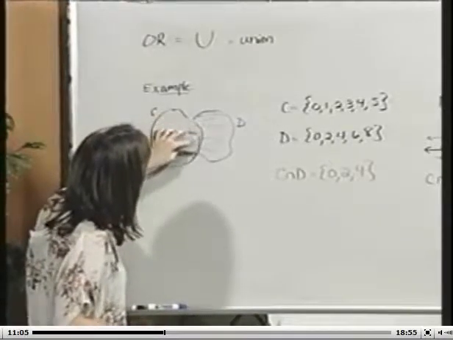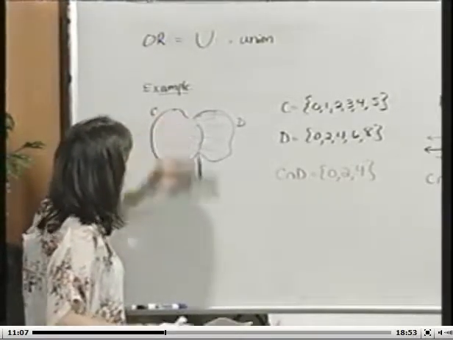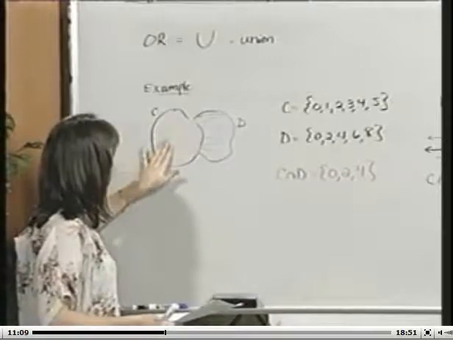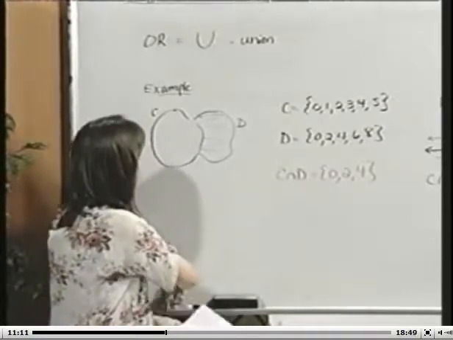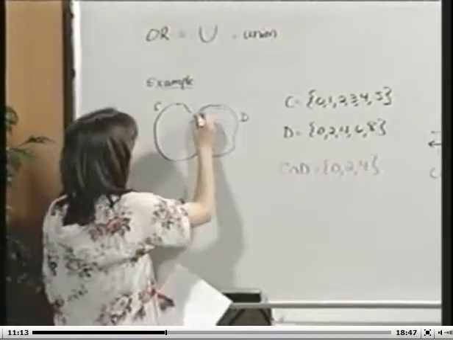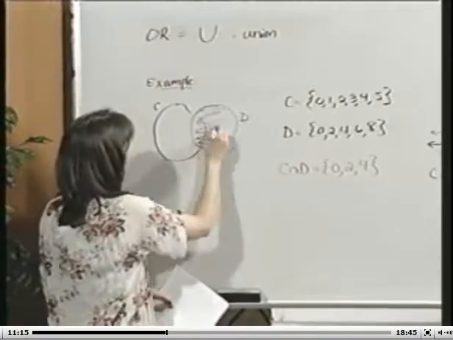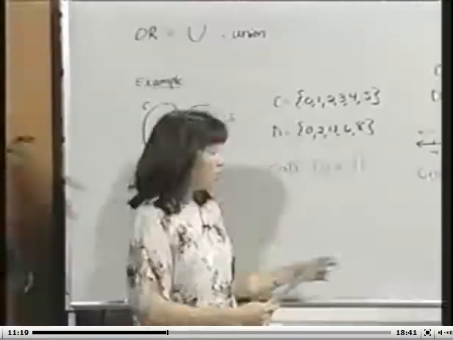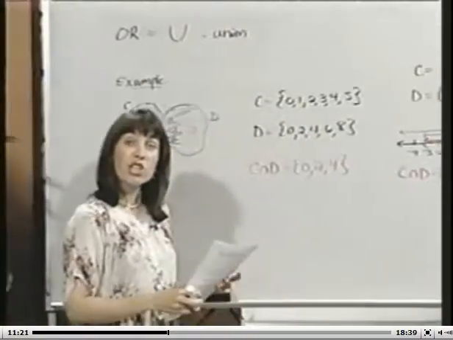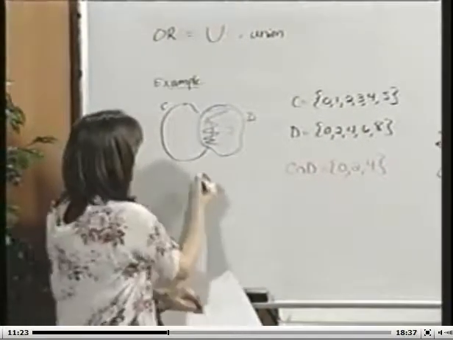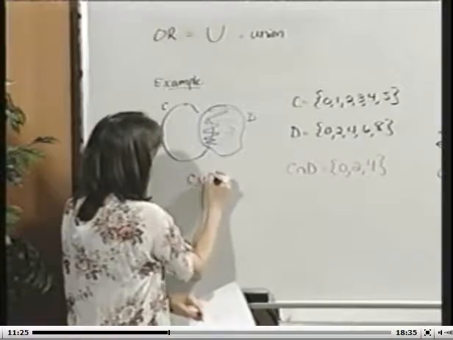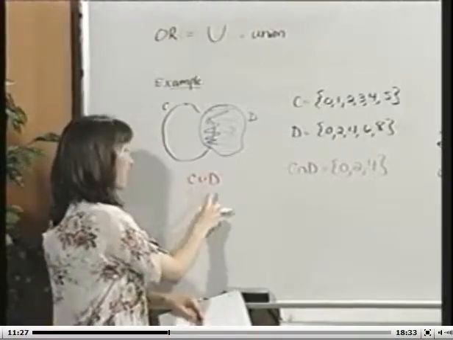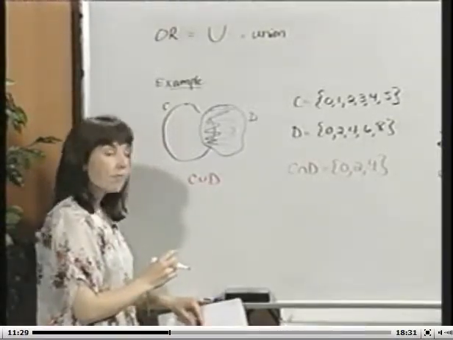So let me erase this little red part in here. So again, C will be everything in here, and D then will be everything in the set D. And the question is, I want to know this time, not what is the intersection of the two sets, but what's the union of the two sets. In order for something to be in the union, it has to be in at least one of these.